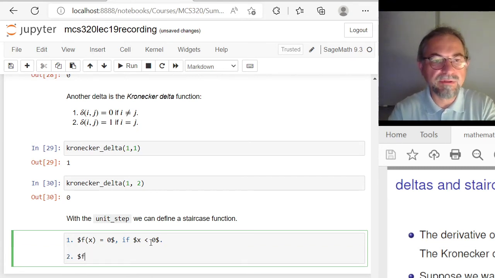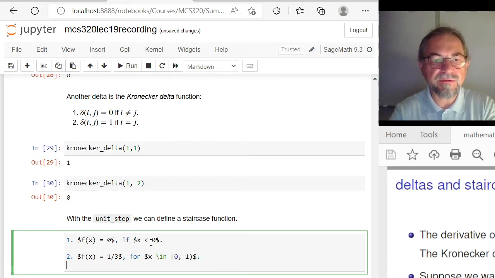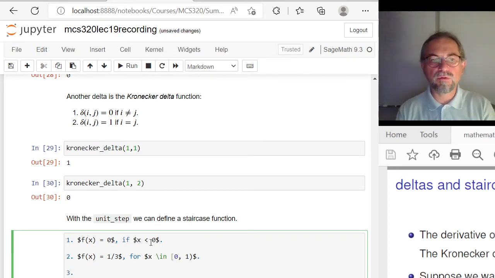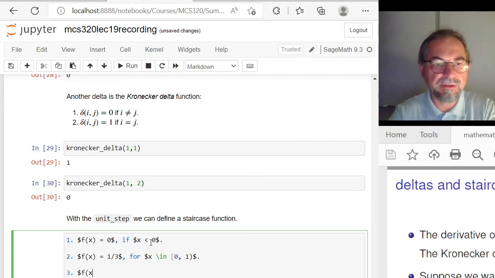The second rule is that f of x is 1 over 3 for x in the interval [0, 1). So this is a half open interval. At 0, the function is 1 over 3. At 1, I still have to define what it will be at 1. So there is a jump.